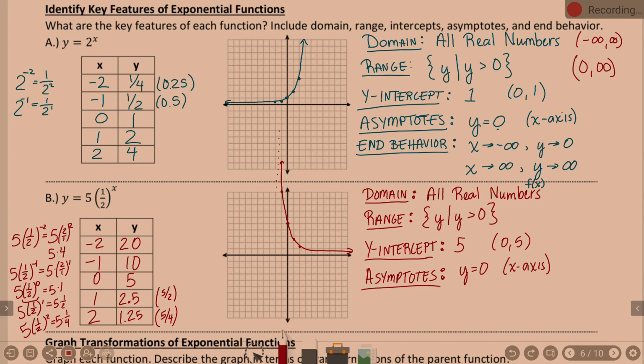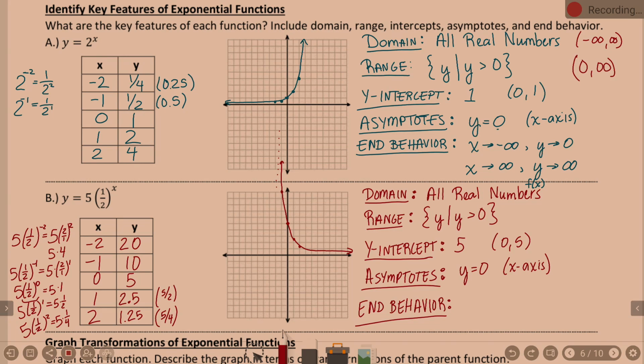And end behavior. Within end behavior, there's always going to be 2 sets, the left set and the right set, and we're always going to start off the same way.